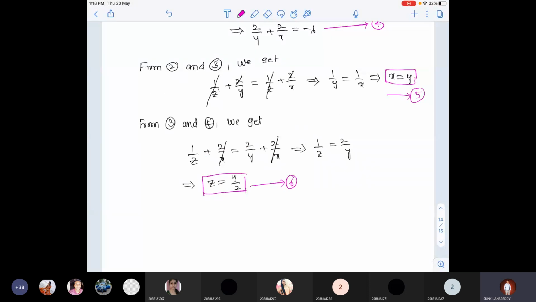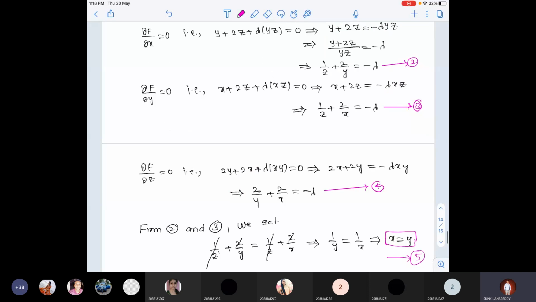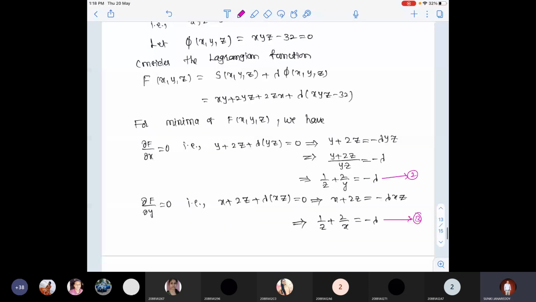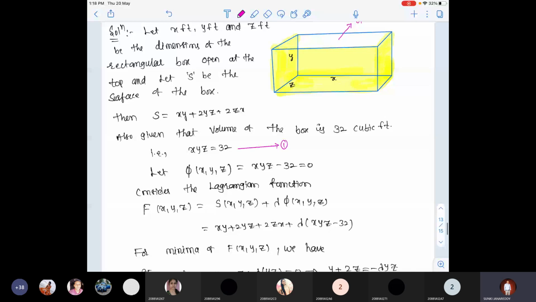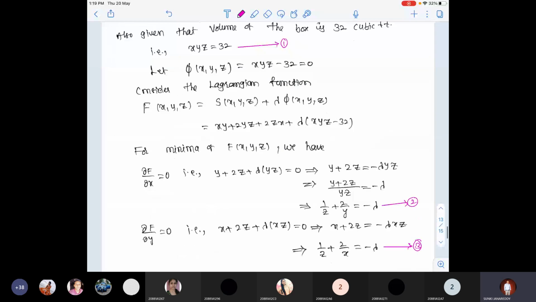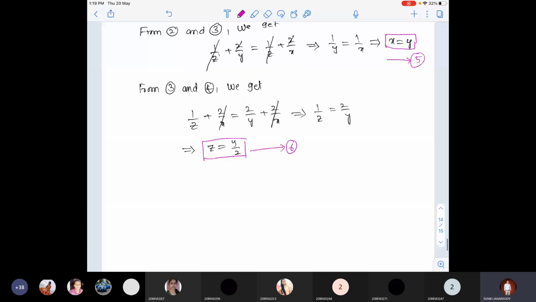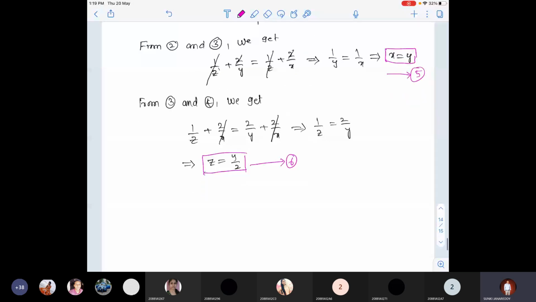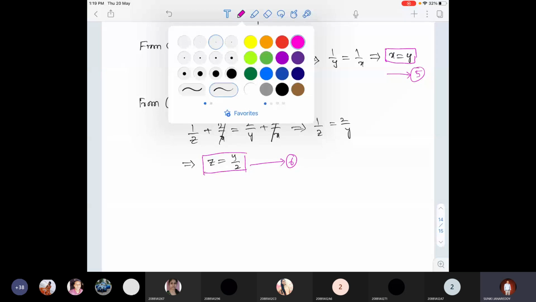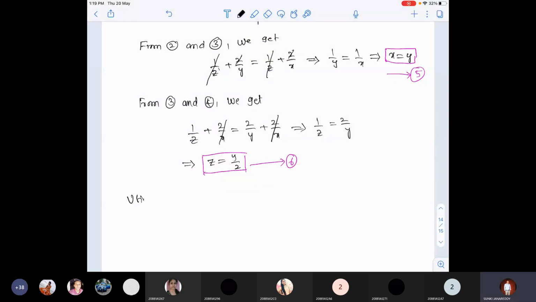At last we should use the connected relation, and in that only we should substitute. What is x equal to? Y. Then substituting, write this one, Nana, using 5 and 6 in equation number 1.